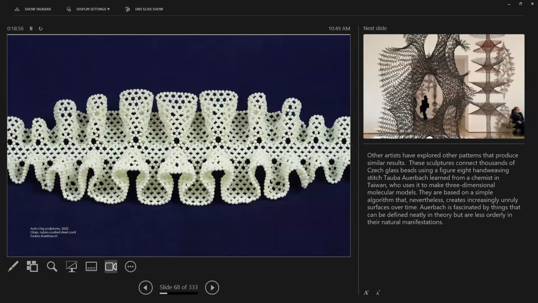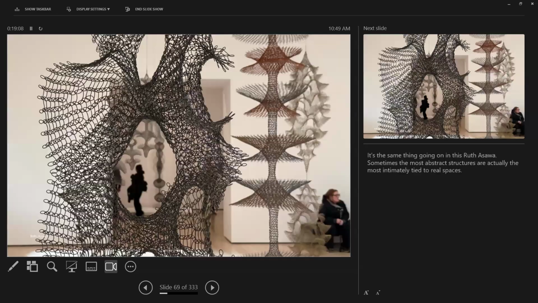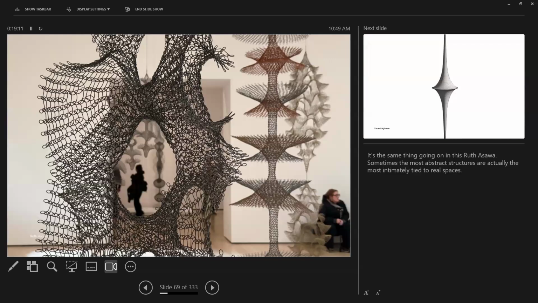This is Alba Albach. Also the same principle: if you add an increased or a decreased stitch, the world starts to curl up on itself. And also the same thing with Ruth Ozawa.